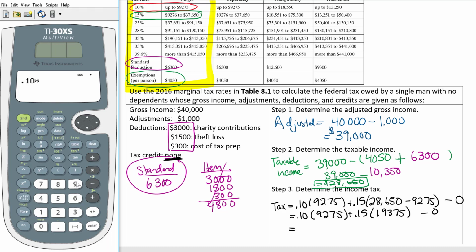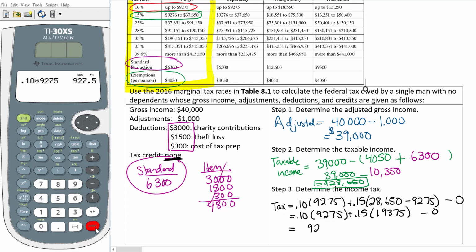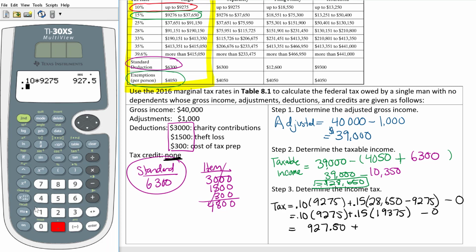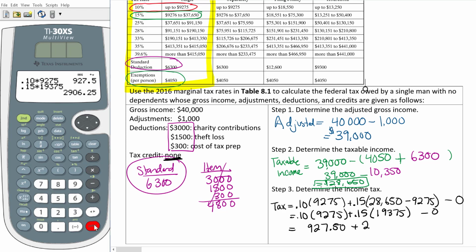0.10 times 9,275. That's going to be 927.50 plus 0.15 times 19,375, which is 2,906.25.